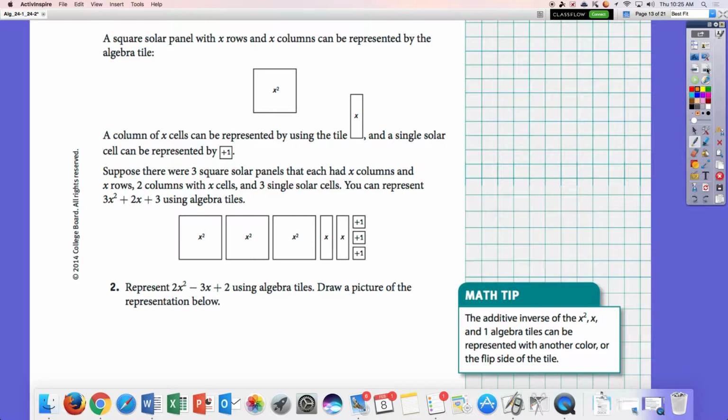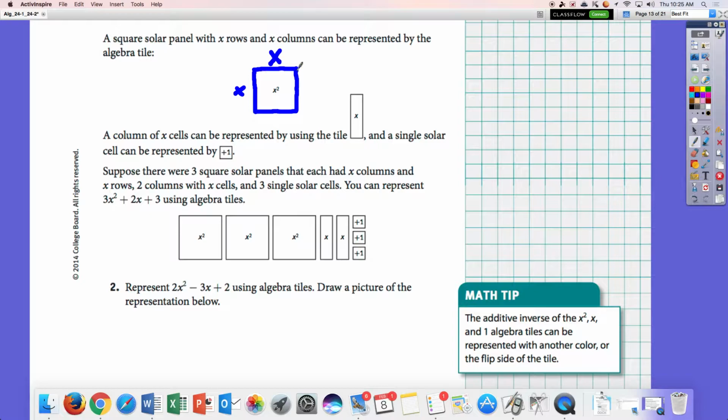So now you can take out the algebra tiles that should be in the bag given to you by the sub. And if you would, pull out the large blue and red square. The large blue and red square represents a square that is x by x length. So the large square represents x squared.